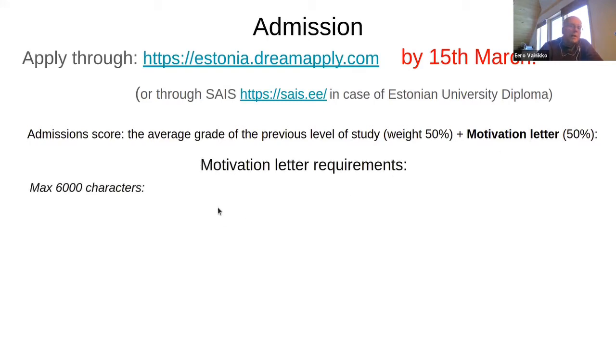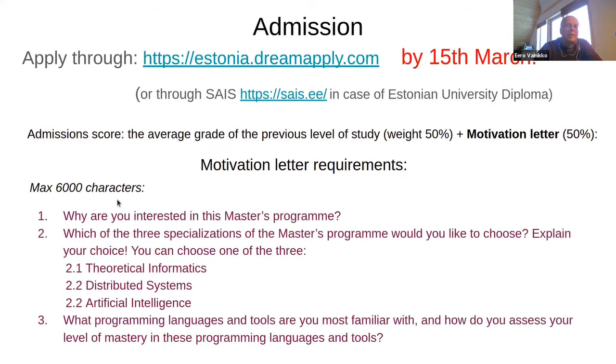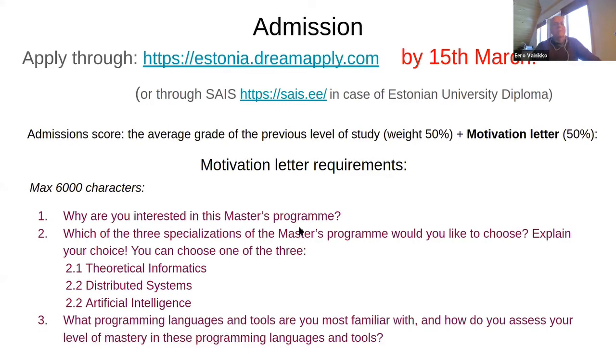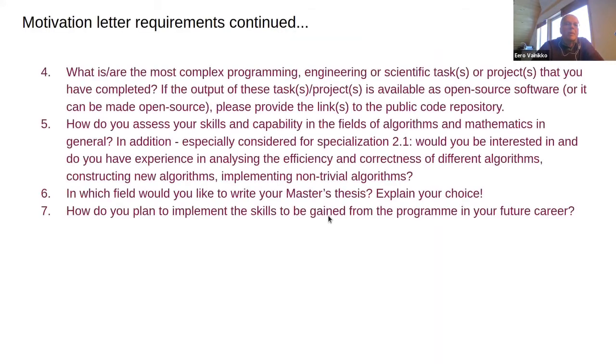We have written motivation letter requirements that state it's a maximum of 6,000 characters. You should explain why you want to come and study here, what your specialization is, and what your skills are. You should very carefully look at all those questions and answer them to get the most out of the motivation letter points.